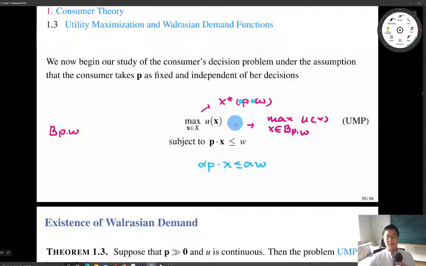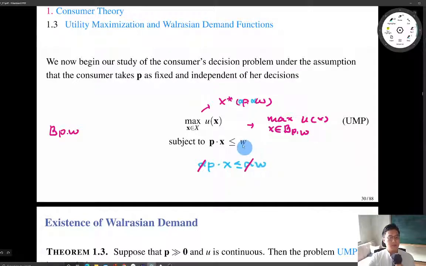But alpha is a positive constant, so we can simply remove this constant from both sides without reversing the inequality. So it makes no difference. The problem with p and w is exactly the same as the problem with alpha p and alpha w.